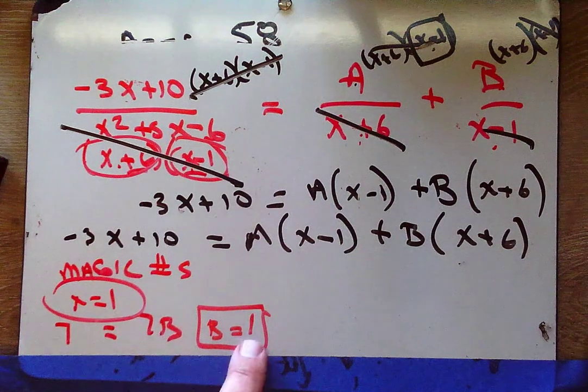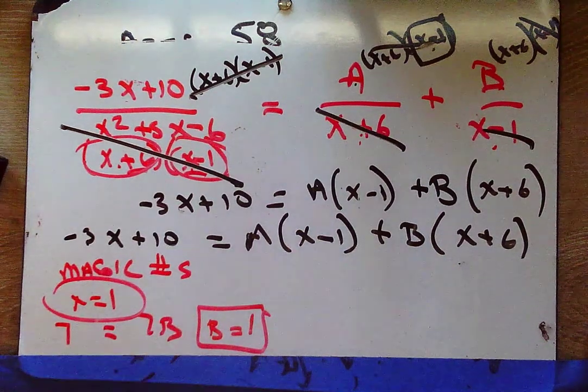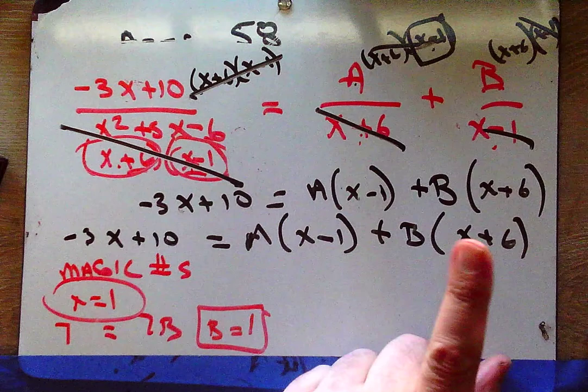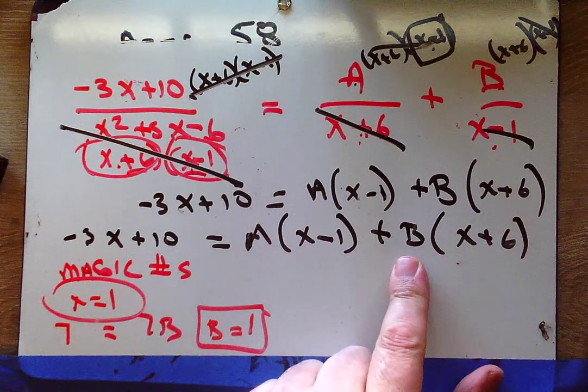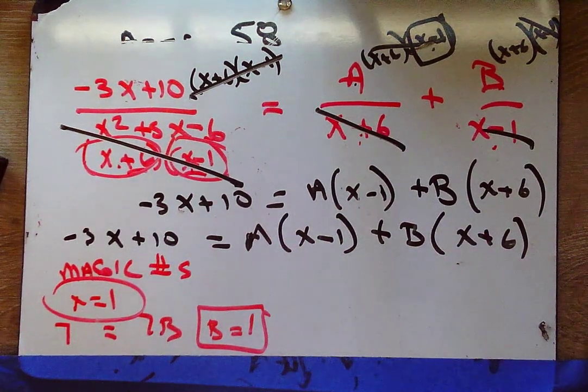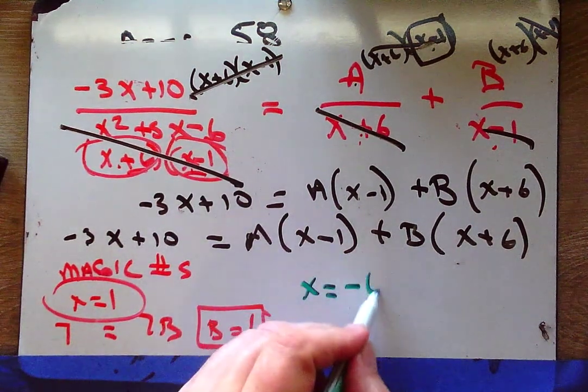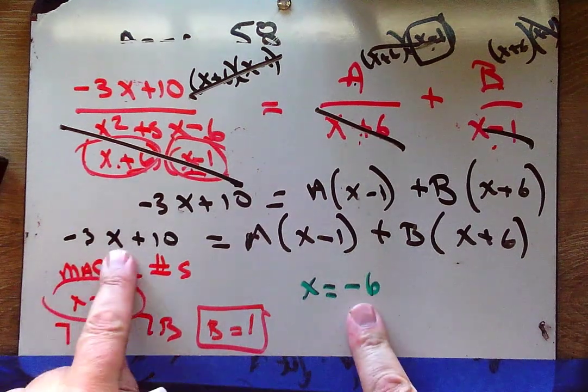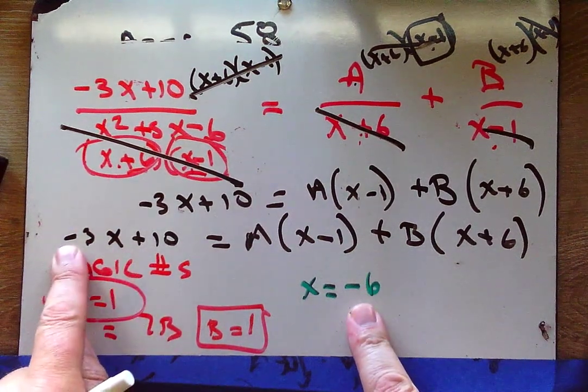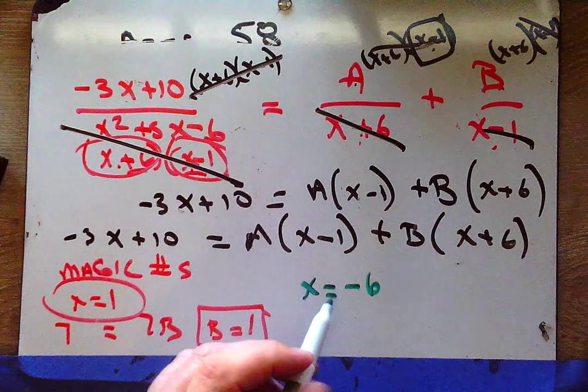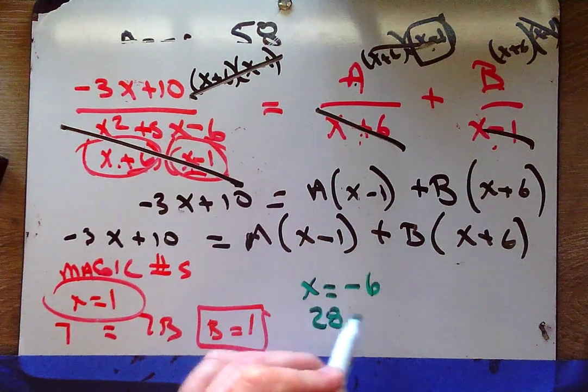No, don't count on these being the same. No, really, don't. But is there another magic number we could use? Something to make b disappear. What could make b disappear? I agree. If I used an x value of -6, -3 times -6 is positive 18. 18 plus 10 is 28.